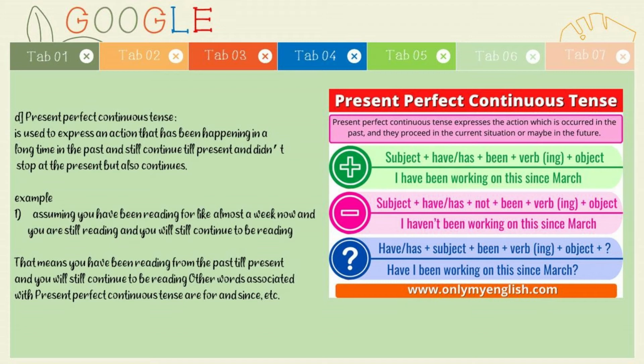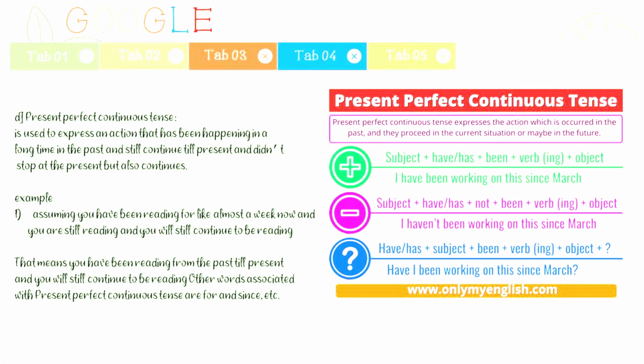For example, assuming you have been reading for almost a week now and you are still reading and you will still continue to be reading. That means you have been reading from the past till the present, and you will still continue to be reading. Other words associated with present perfect continuous tense are for, since, and etc.